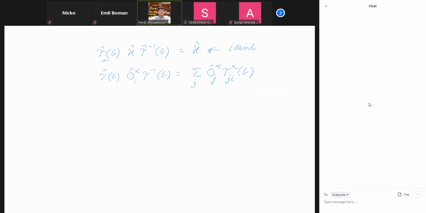The identity representation means that all these t are equal to 1, so I just get back to the operator. So we can understand the results that we had before.